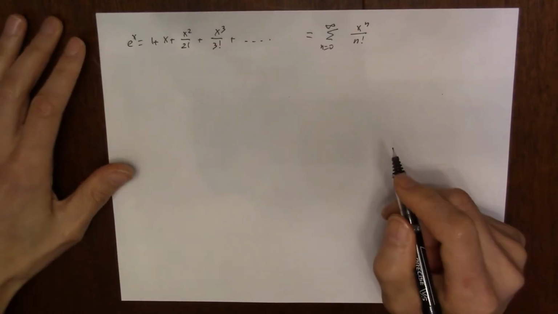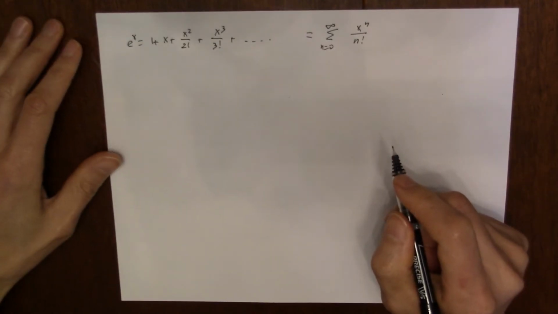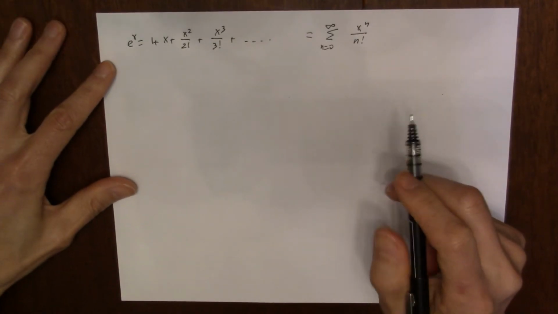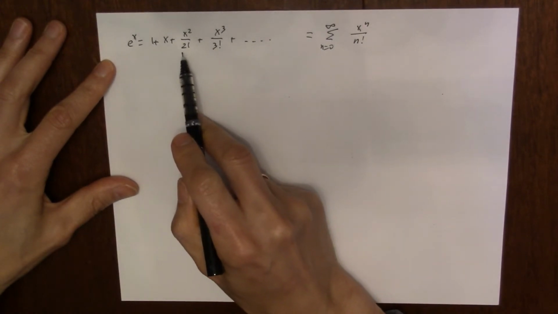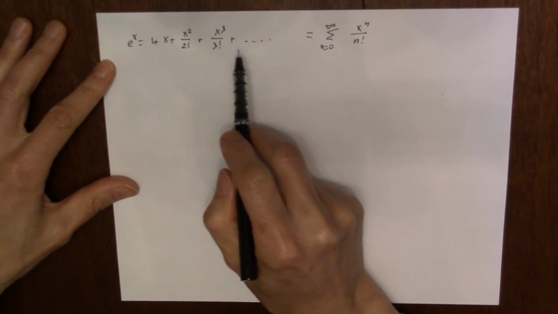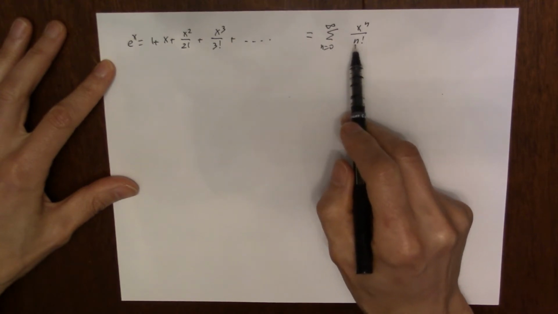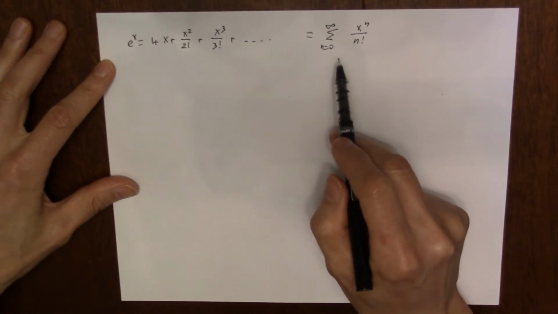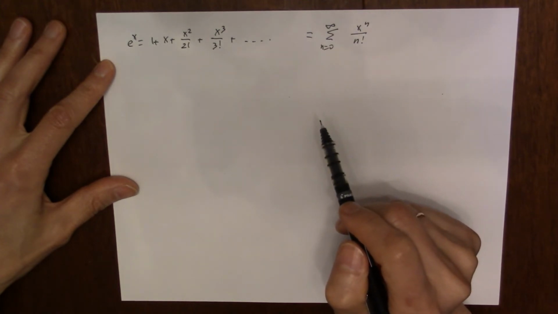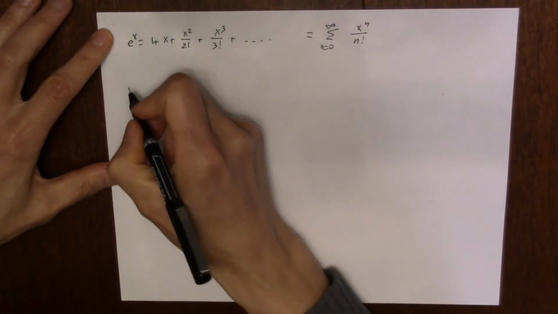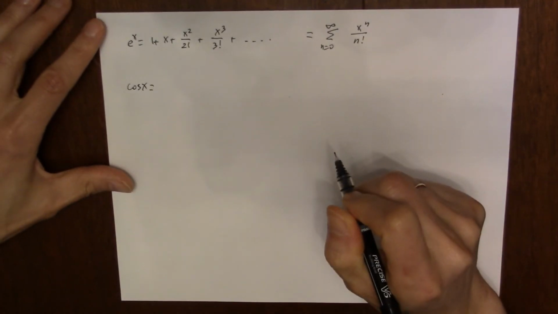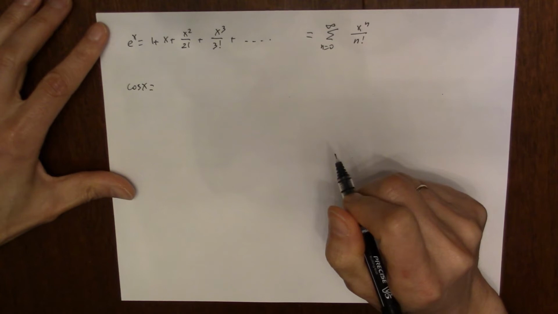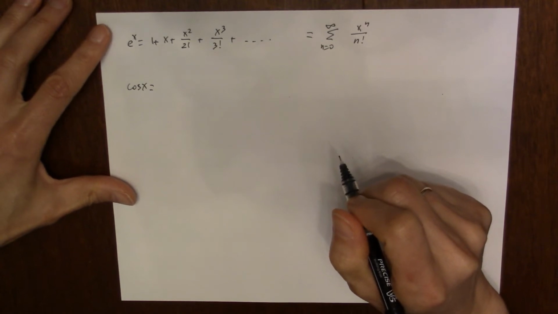A few basic Maclaurin series which we want to remember. The Maclaurin series for e to x is 1 plus x plus x squared over 2 factorial plus x cubed over 3 factorial plus and so on, or in sigma notation x to n over n factorial, when n is from 0 to infinity. Maclaurin series for cosine x. For cosine x, we're going to go by even powers, and we're going to alternate between positive and negative signs.